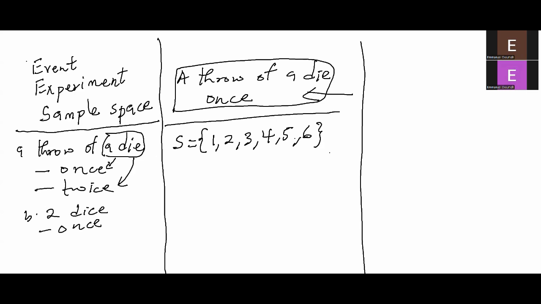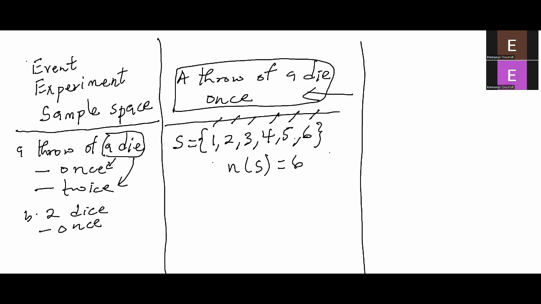It is either you get a 1, a 2, a 3, a 4, a 5, or a 6. So how many possible outcomes are here? The number of possible outcomes here is 6.